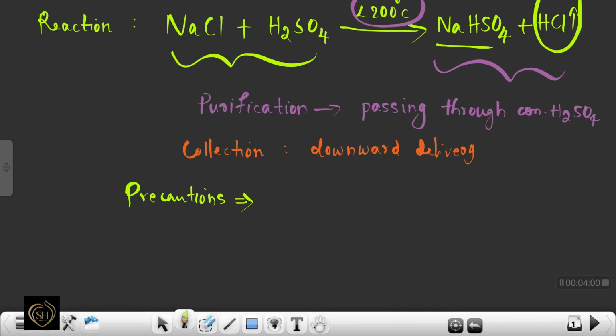Second, the delivery tube should be dipped in a drying agent. Third, the temperature is maintained at nearly 200 degrees Celsius.